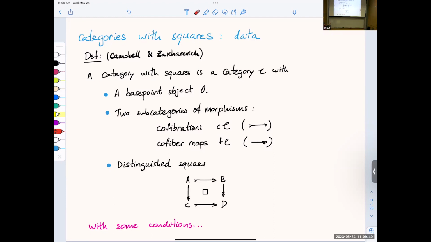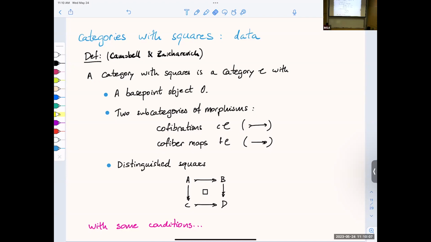Now, distinguished squares are part of the data of your category, so you can choose what you mean by those squares. In general theory, in certain applications you would have to choose what you mean by the squares. The distinguished squares mean that you have chosen what squares you allow your category to have, which is going to be part of the data. So distinguished squares are an important feature of this category.